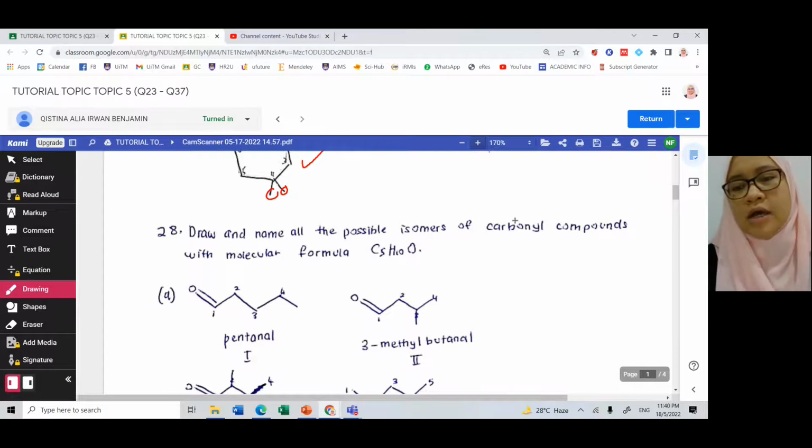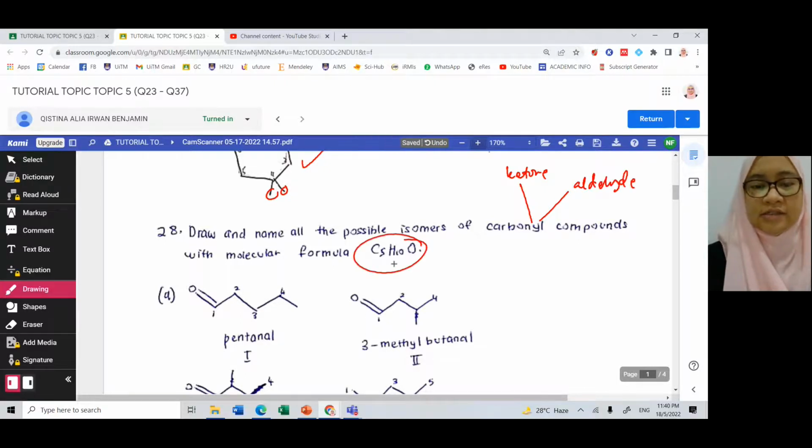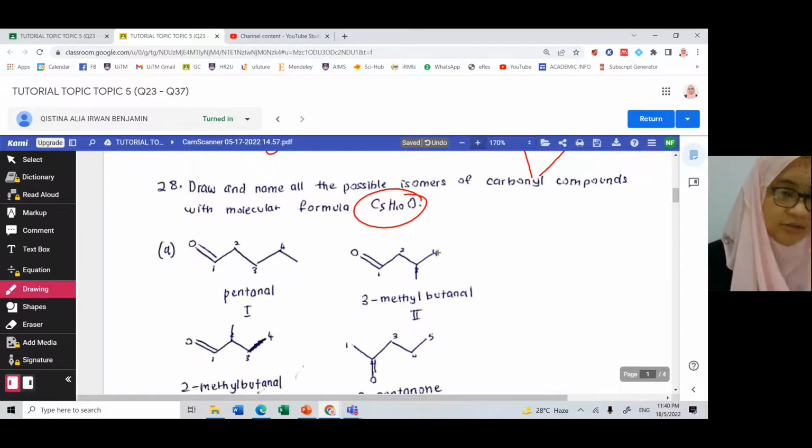That means compounds that have a carbonyl functional group in them, so it's either a ketone or an aldehyde, as long as it satisfies this chemical formula. Let's check.